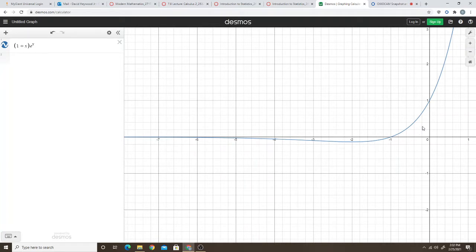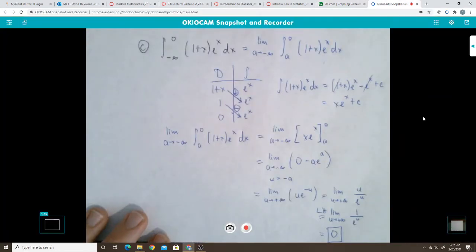And so this must cancel that. So all of this negative stuff that goes out to negative infinity is equal in area to this little bit, this almost triangular looking bit that's above the x-axis. So that's an interesting fact, an interesting example.